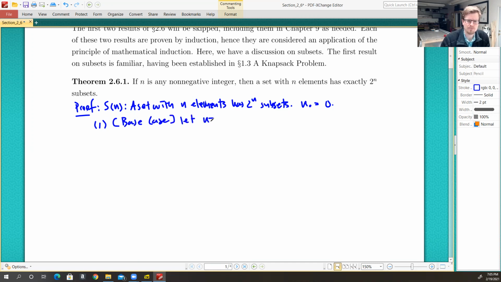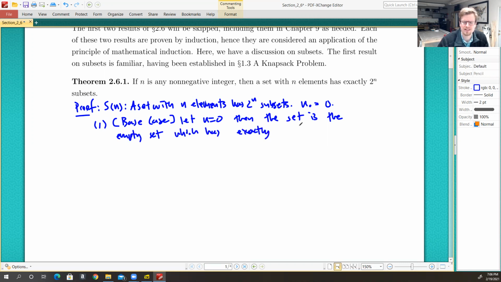We want to let n be equal to 0. Then the set that we're talking about, there's only one set with 0 elements in it, and it's the empty set. Then the set is the empty set, which has exactly one subset, itself.